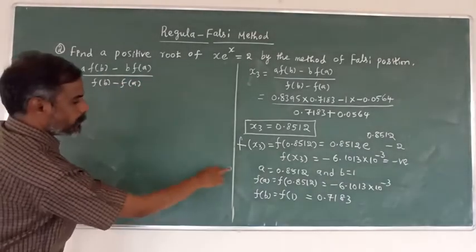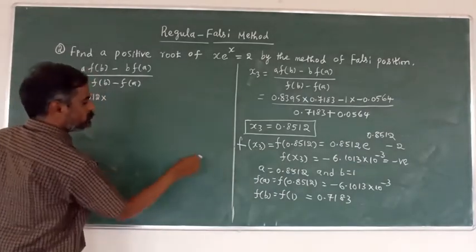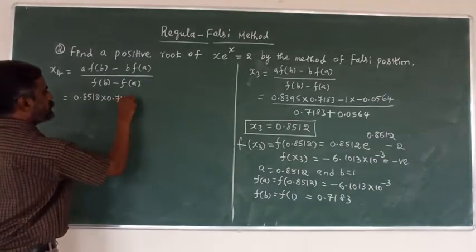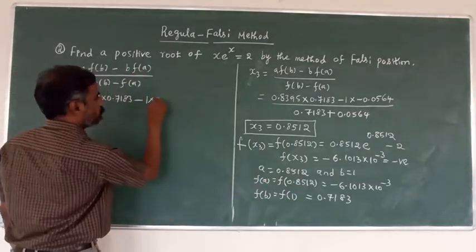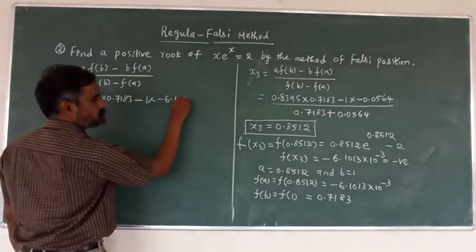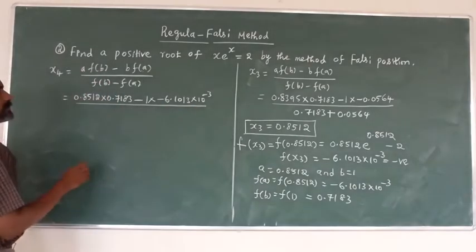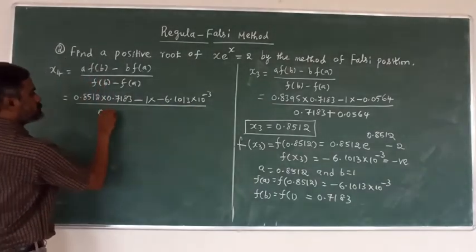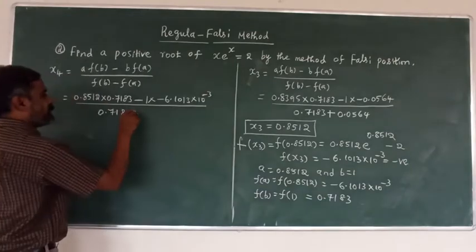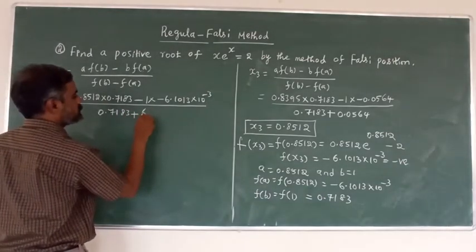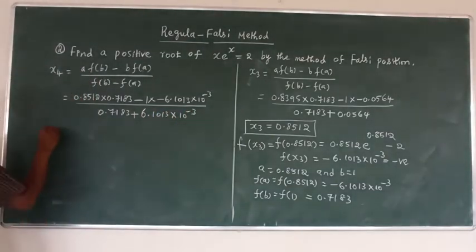A value 0.8512 into f of b value 0.7183 minus b value 1 into f of a value minus 6.1013 into 10 to the power of minus 3 divided by f of b value 0.7183 minus f of a value minus, here minus will be changed into plus 6.1013 into 10 to the power of minus 3.